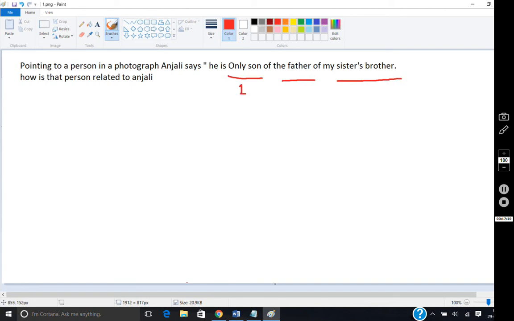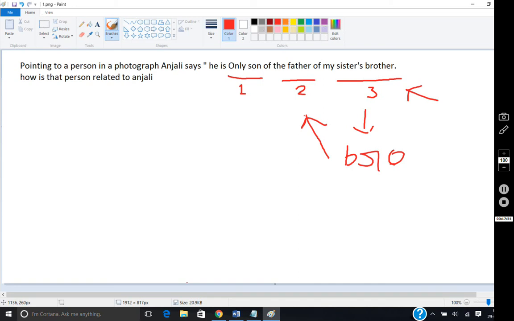Name them 1, 2, and 3. You have to solve the query from this direction, it means 3, 2, and 1. Now, your sister's brother means your brother. Your brother's father means your father.